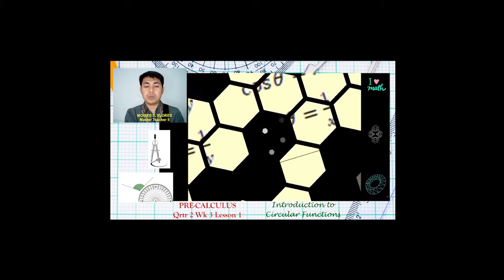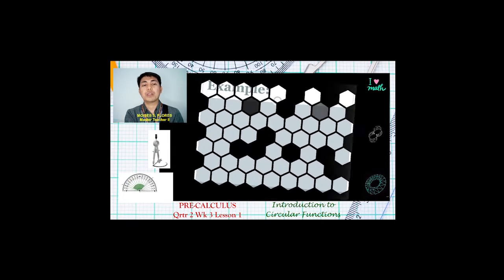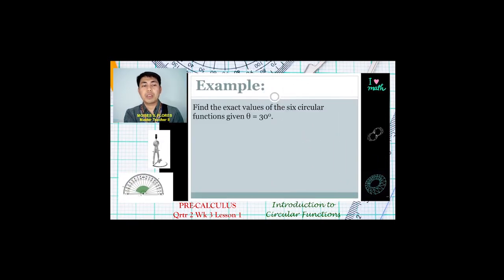Okay, guys, we have here an example. Find the exact values of the 6 circular functions given theta equals 30 degrees.